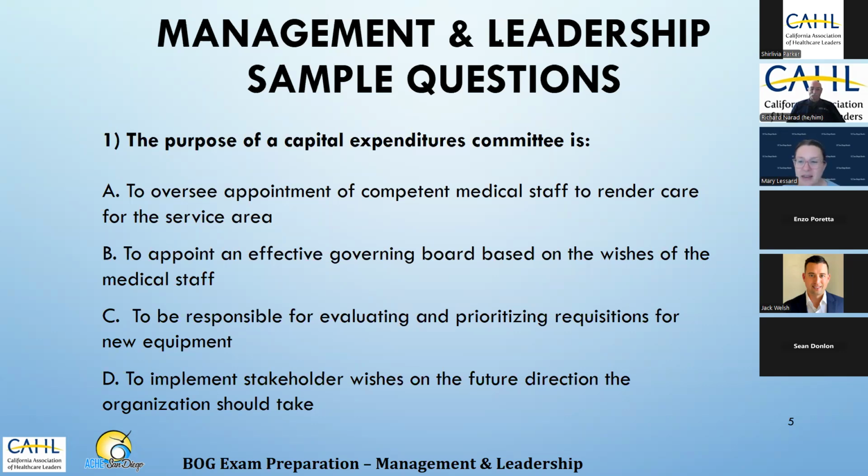C seems right on. Evaluating and prioritizing the requisitions for new equipment, which very well most likely is a capital expenditure. And then implement stakeholder wishes on the future direction of the organization.